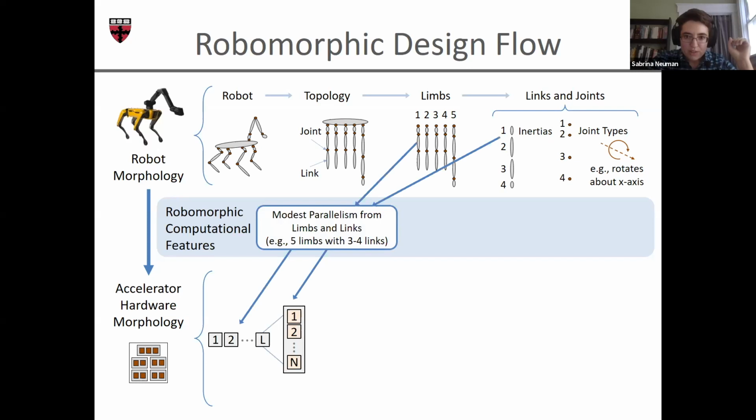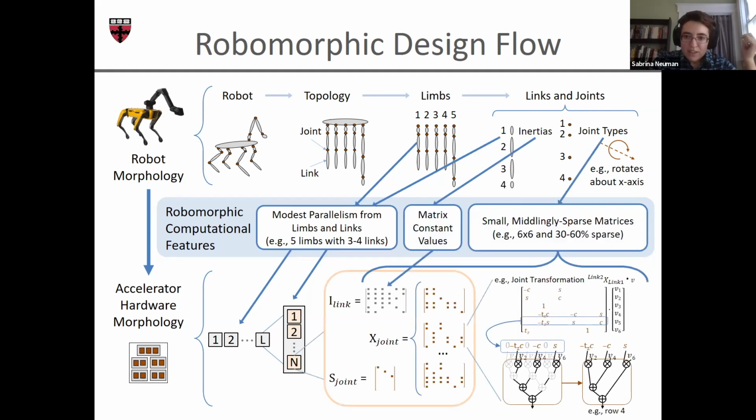So for example, if you're looking at computations that wind up iterating through the links or limbs of the robot, these are opportunities in hardware for parallelism across, say, processing elements or data paths. And then similarly, the links and the joint types are tied directly to these small sparse matrices that wind up popping up all over the place in dynamics and other computations.